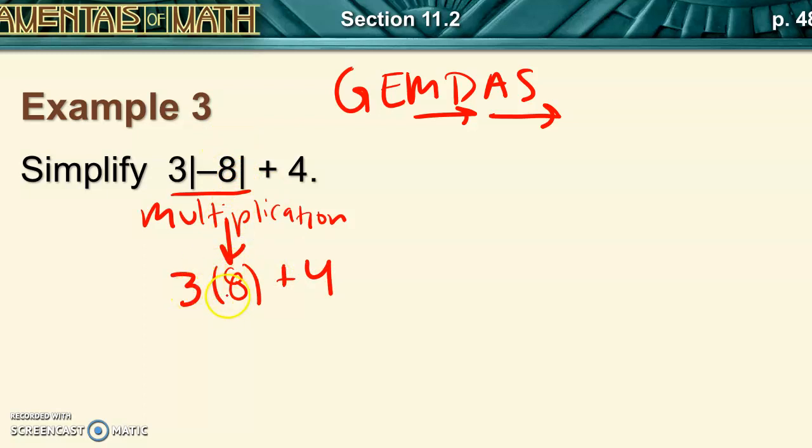We multiply 3 times 8, which is 24, and 24 plus 4 is 28. Okay, so we're just following our order of operations. We simplified our grouping symbol first. Our absolute value of negative 8 becomes positive 8, and then from there we just multiply and then add. Cool.